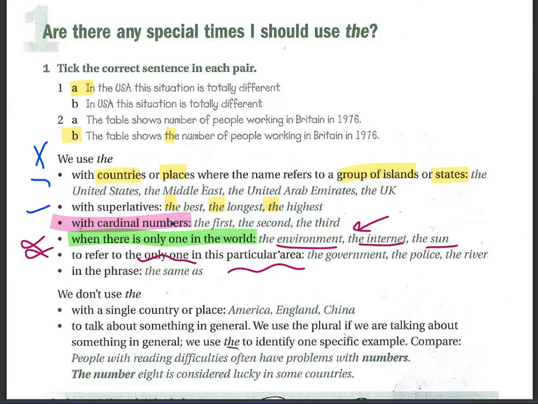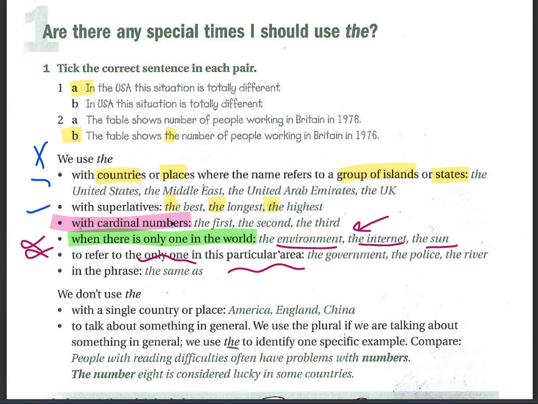It's the only one. Each country has its own government, yeah? So, the government. Or you want to talk about the police in your area, in your city. So you say the police. And here, it means it's definite because it's in your area or neighborhood.